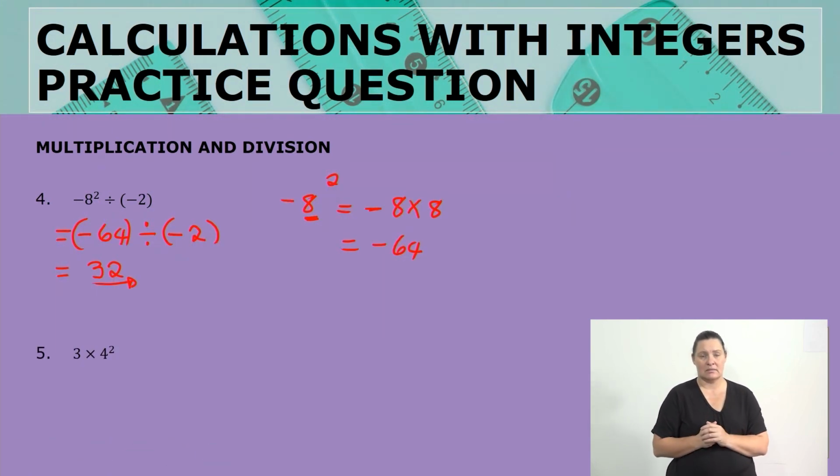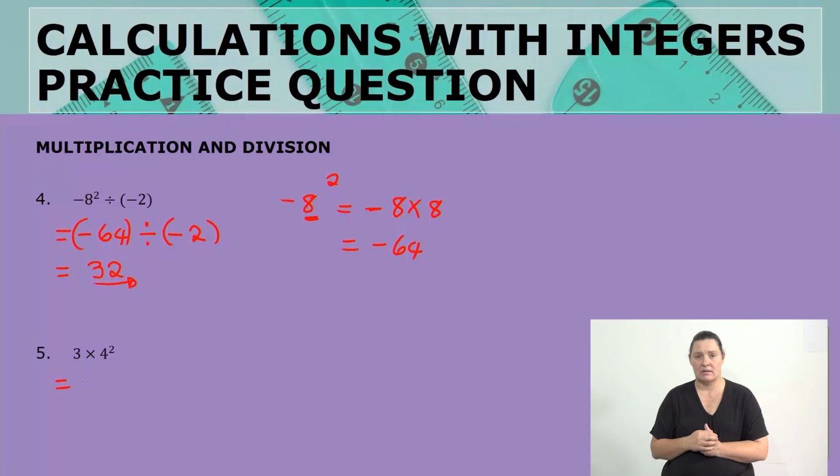That is a positive 3 multiplied by a positive 4 squared. Again, we are going to start with that power. So we are going to say 3 multiplied by, we know that 4 squared is 4 times 4, which is 16. Now, what is 3 multiplied by 16?